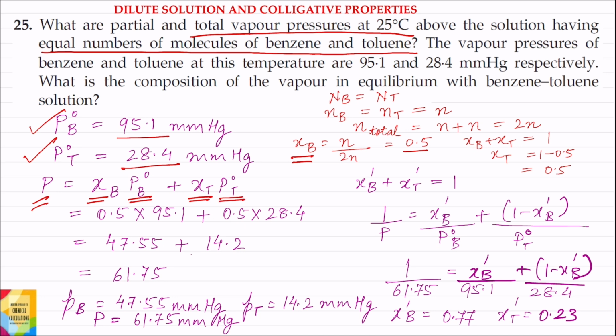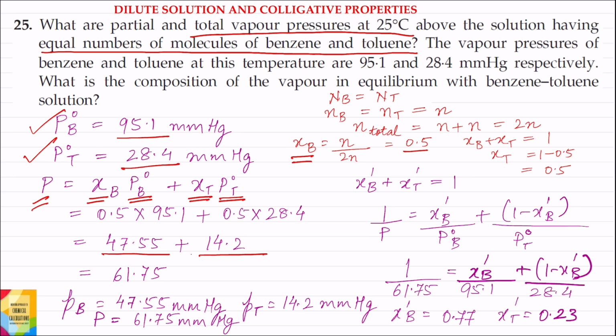Now mole fraction of toluene into vapor pressure of toluene will give the partial pressure of toluene. So putting the values and solving, 47.55 is the partial pressure of benzene and 14.2 is the partial pressure of toluene.